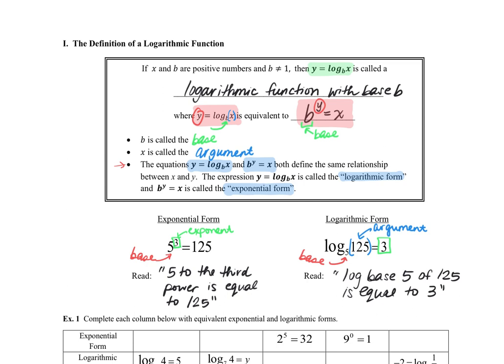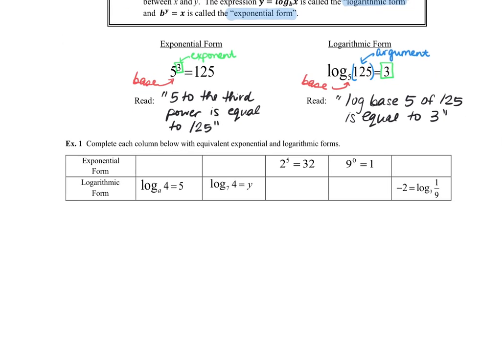So in our next examples, we are going to fill in this table just converting from exponential form to logarithmic form. Let's take a look at the first one that's given. So again, I'll highlight this logarithm here, and I want you to practice saying it in your head or perhaps even out loud with me. The proper way to say this would be log base A of 4 is equal to 5.